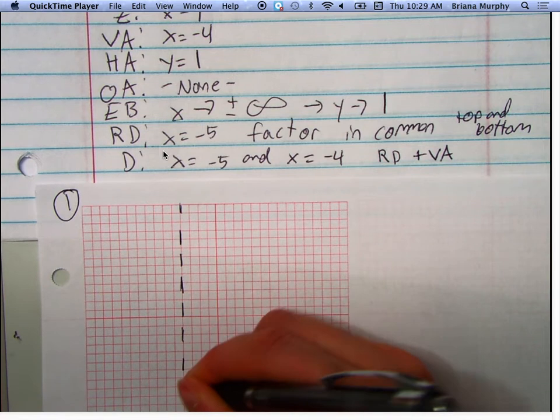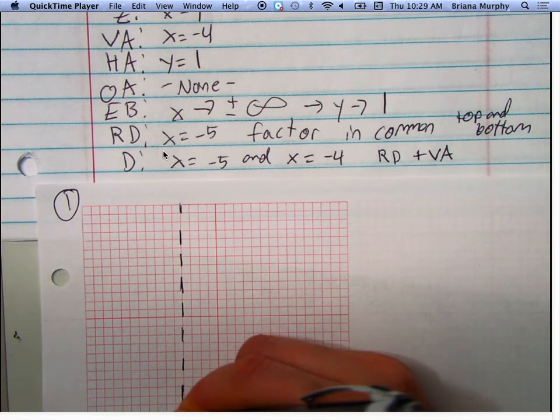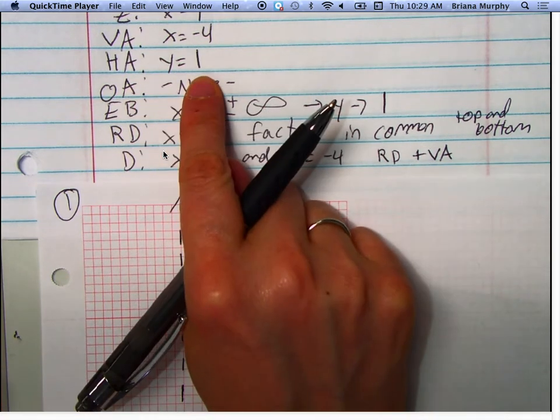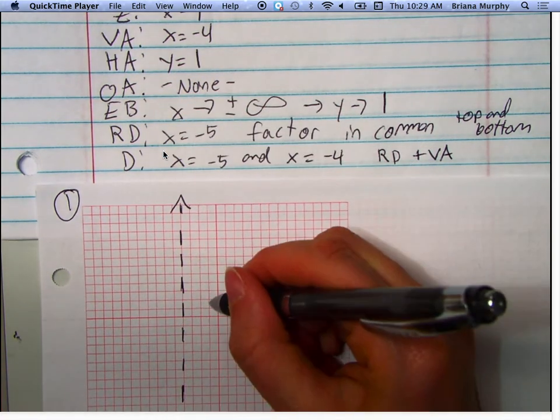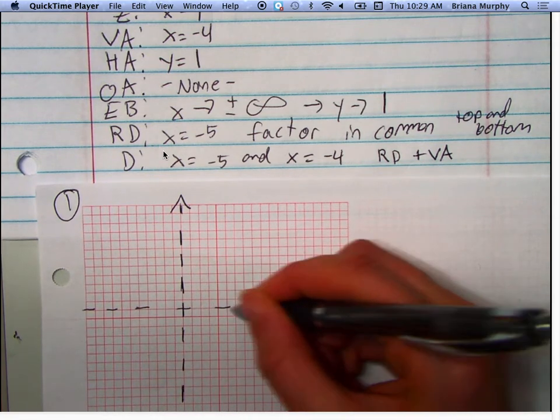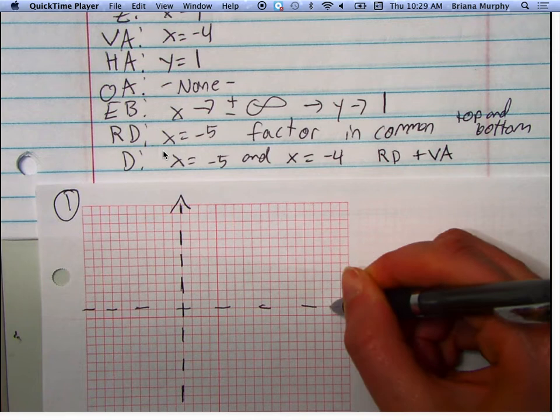So this dotted line is my first thing I'm putting on it. Is there a horizontal asymptote? Yeah? Y equals 1. So I go to the y and I go to 1. And I'm going to draw a line at y equals 1.